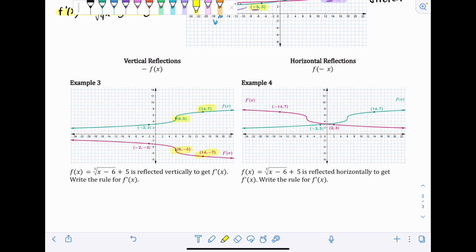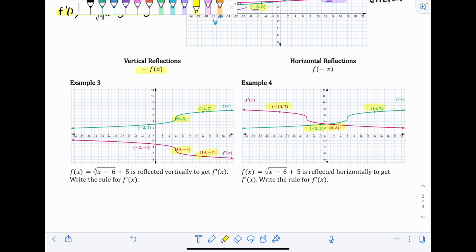So if we're negating the y's, we're negating the output, so we're basically negating the entire value of the function. So it's negative f of x. And then for horizontal reflections, you can see it in example 4, the x values are what's changing. So we're going from 2,3 to negative 2,3, 14/7 to negative 14/7, and so on.